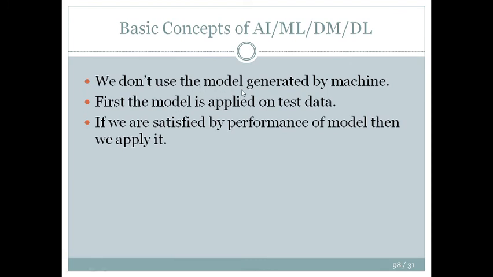We don't use the model generated by the machine directly. Whatever you are generating, whatever model you are using, you cannot use it directly as it is provided to you. You need to test it over and over. If you are satisfied by the performance, then only you apply it. In most of the cases you won't be satisfied the first time and it takes many turns, maybe 20 times or 40 times.